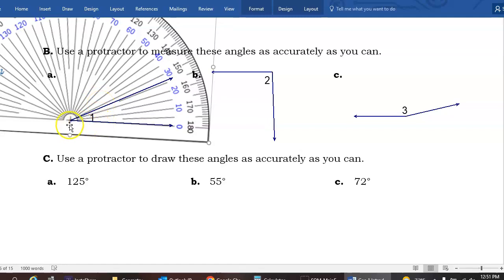I think that's pretty good. So right here, my vertex is lined up with the center mark. My ray is pointing at 0, and because it's pointing at 0 on the right here, I'm going to follow this inside scale to see where my other ray is pointing. And to me, that looks like 26 degrees. It's a little past 25, 26 degrees.